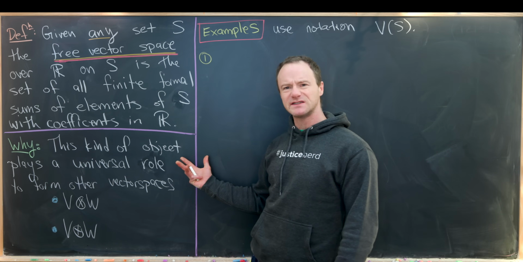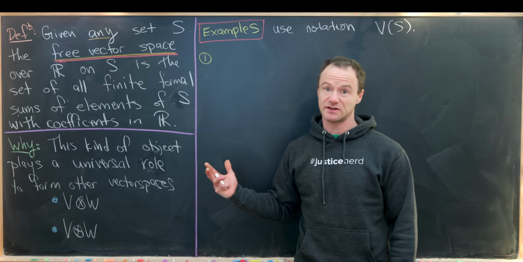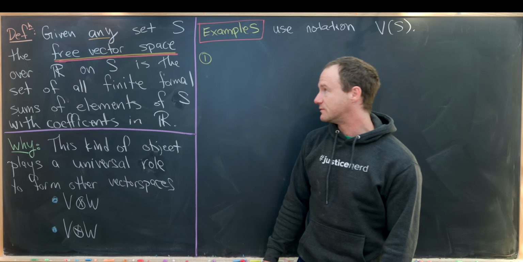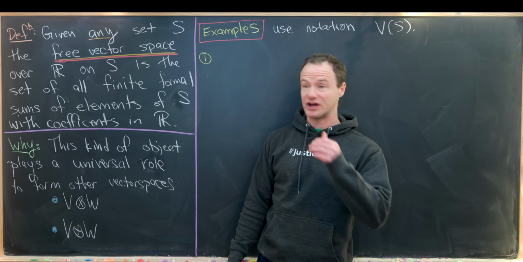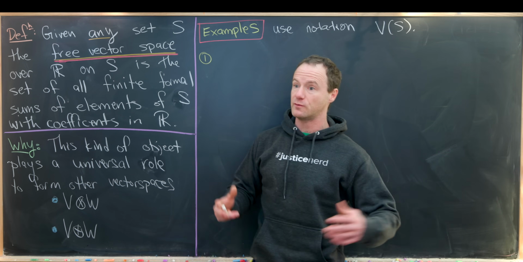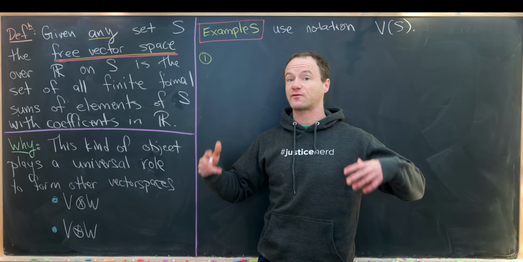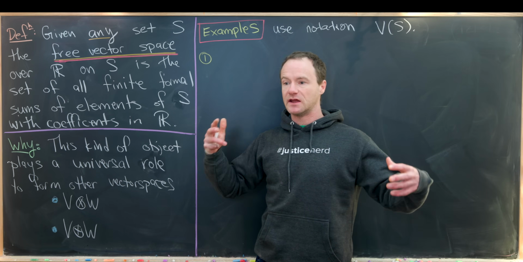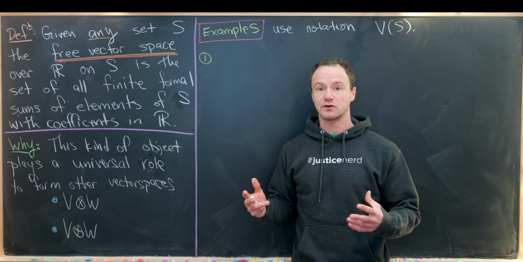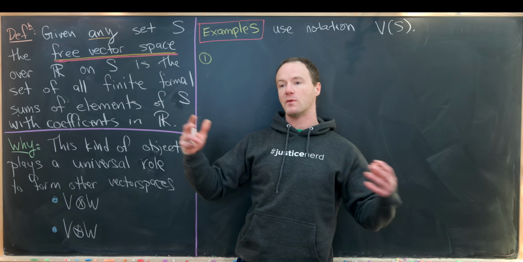Maybe this is not a super satisfying answer, but this is the answer that I have at the moment. And that would be this kind of object. And when I say this kind of object, this free vector space, or this like free group or free algebra, there are these free objects in all sorts of settings in mathematics. They play universal roles in order to form other objects.